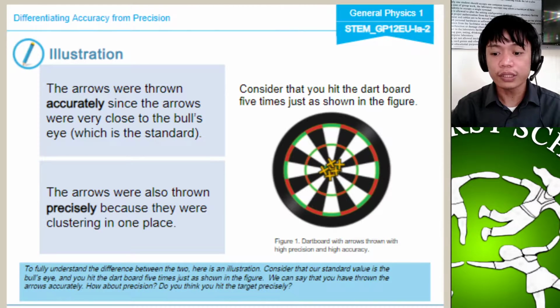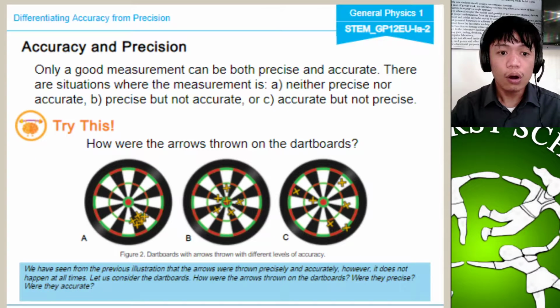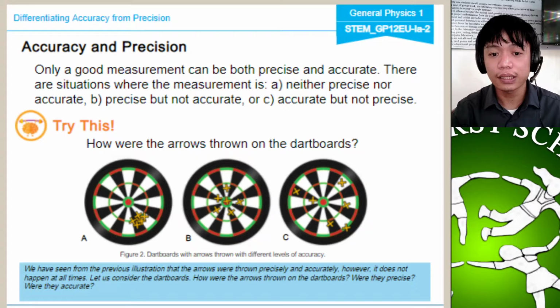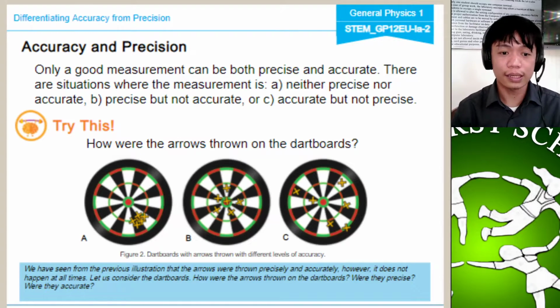To fully understand the difference between the two, the illustration has already been drawn. Only a good measurement can be both precise and accurate. There are situations where the measurement is neither precise nor accurate, precise but not accurate, pero di namang accurate but not precise. So, try this.